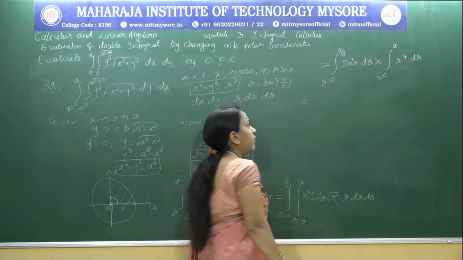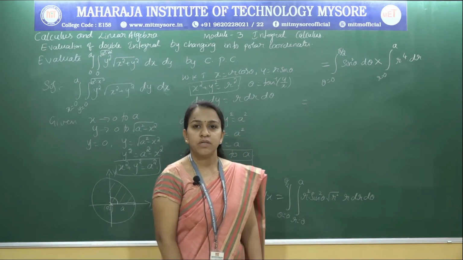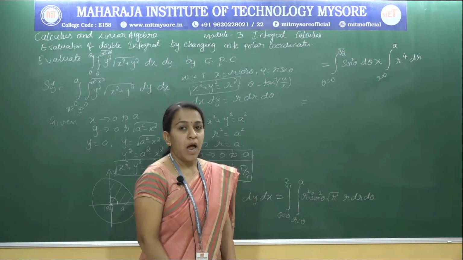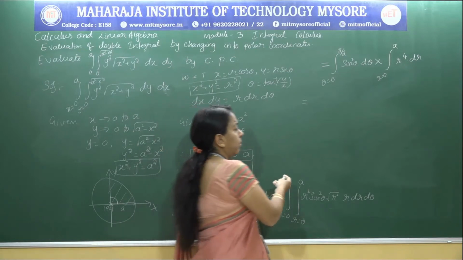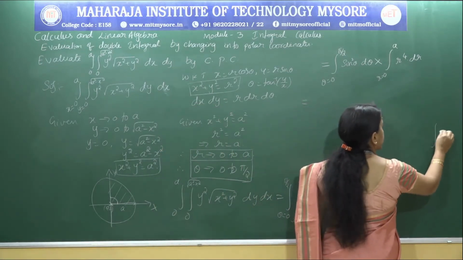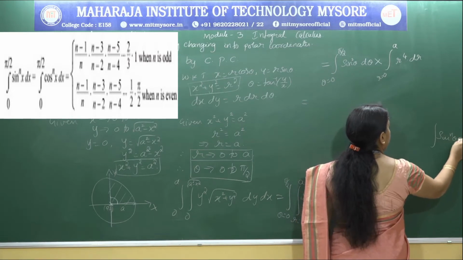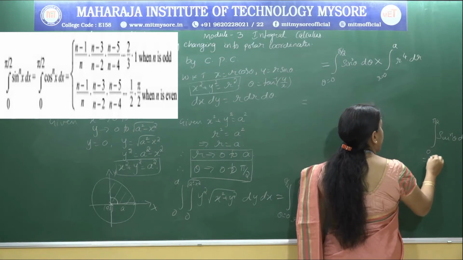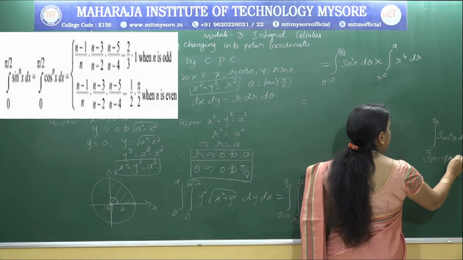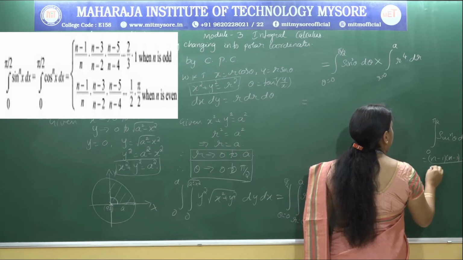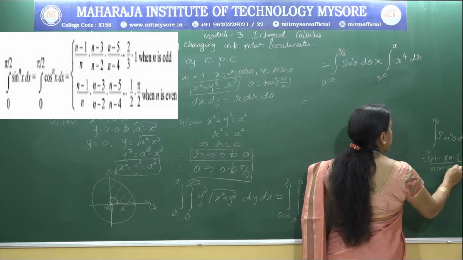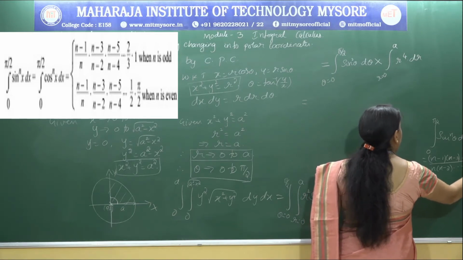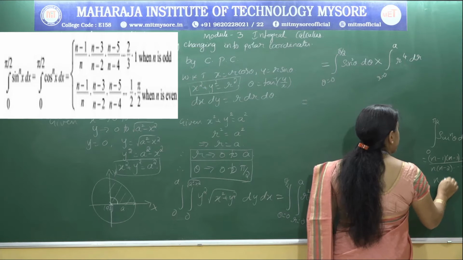For the first part, since the limit is between 0 to pi by 2, we can apply the standard reduction formula. The integral of sin n theta d theta between the limits 0 to pi by 2 is given by (n minus 1)(n minus 3) etc., divided by n(n minus 2) etc., into 1 by 2 into pi by 2 when n is even.